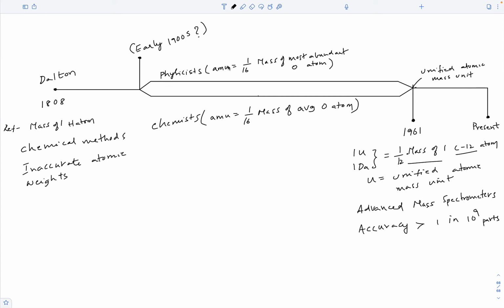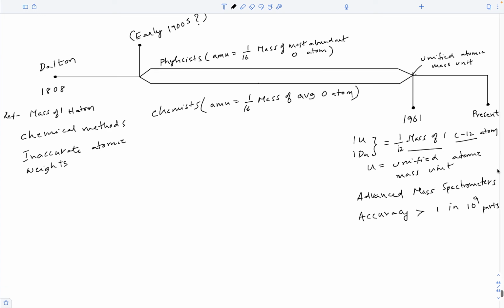They used two different AMUs. In 1961, we unified these two scales using carbon-12 atom as the reference. Today, we determine relative atomic masses using advanced mass spectrometers, and the accuracy of these relative atomic masses is phenomenal.